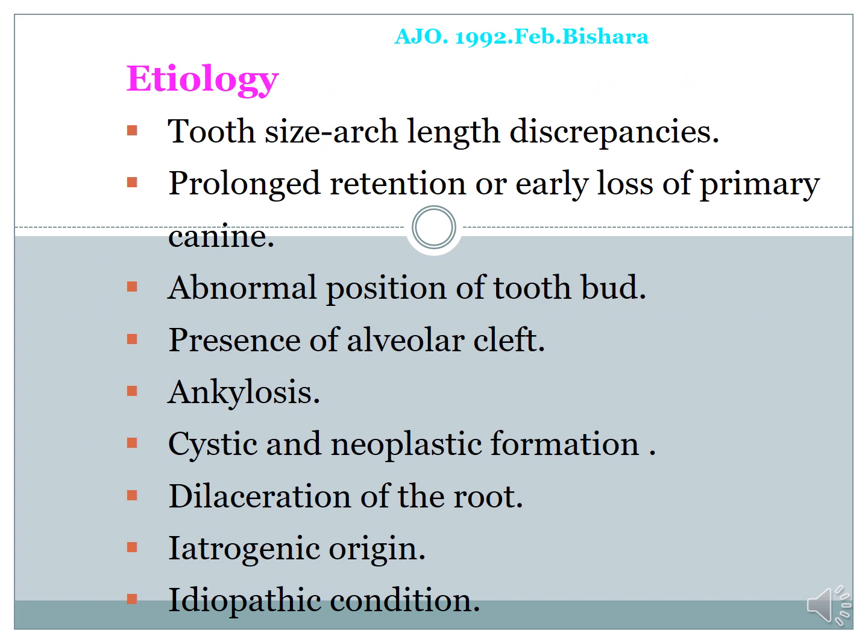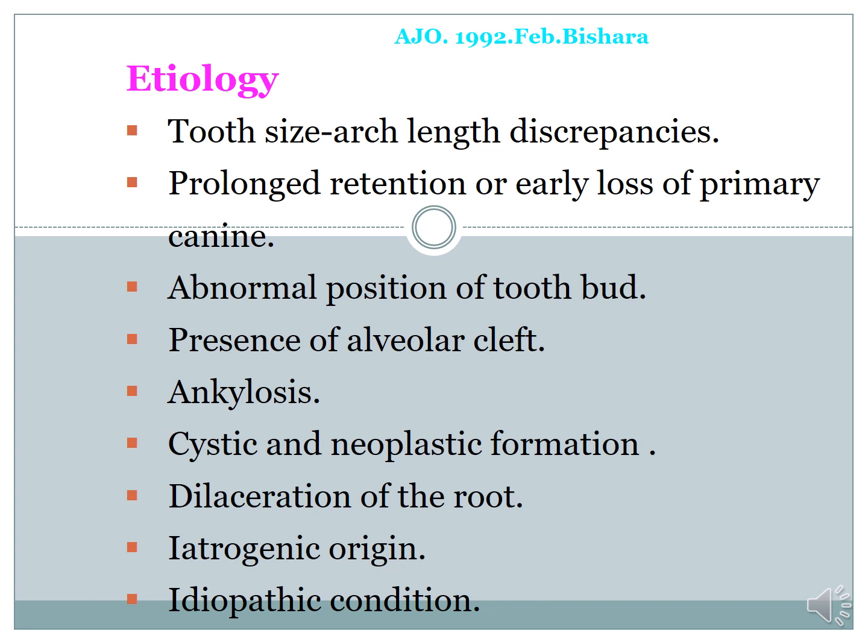So it may be linked to tooth size and arch length discrepancies, which will say that the tooth is bigger than the arch, so it is not able to come out and position itself in the arch.